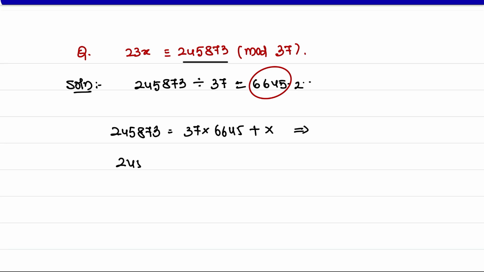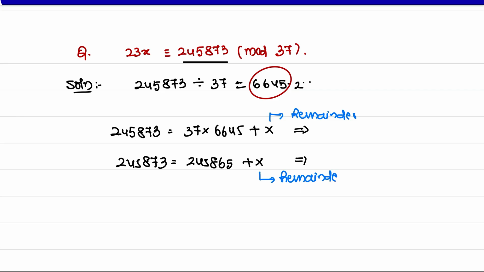That implies 245873 is equal to 245865 plus some x, that is the remainder, because it did not fully divide. Let us find this remainder. The remainder is 245873 minus 245865. That value is 8.